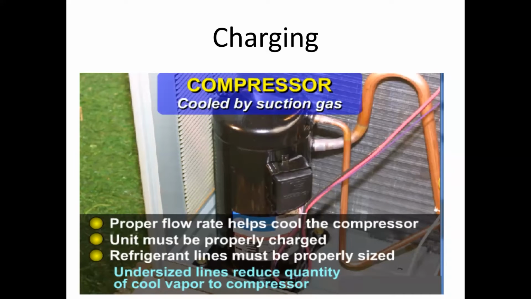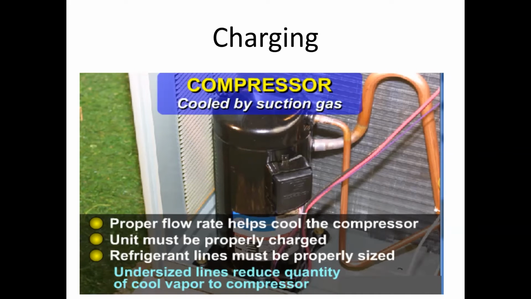Oversized suction lines can make it so that your refrigerant coming back to the compressor does not have the density that it needs to pull the lubricant back. So if you have an oversized suction line, that can kill your compressor because in many cases it's leaving that oil either in the indoor coil or in the line set somewhere.